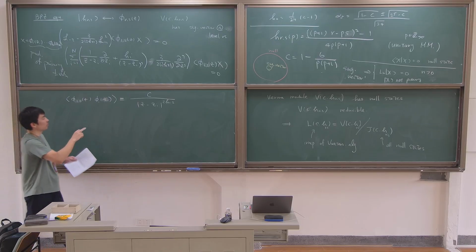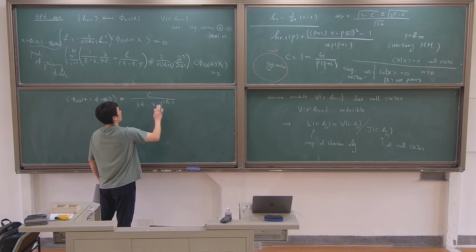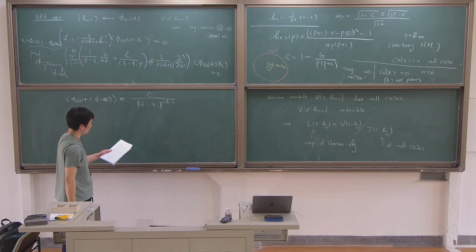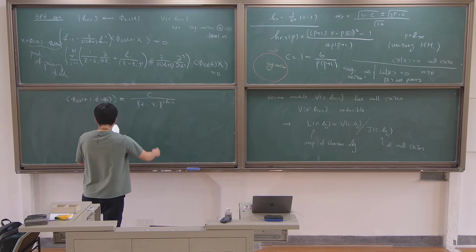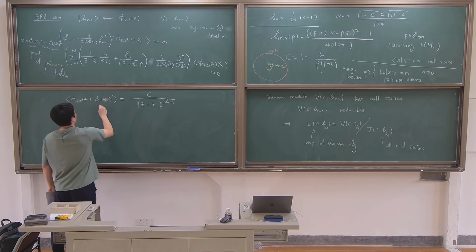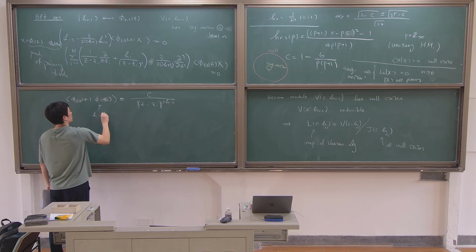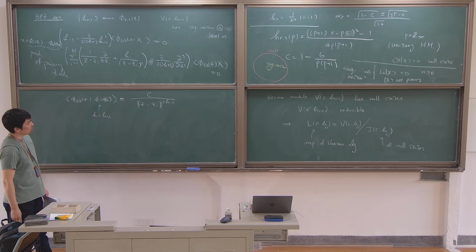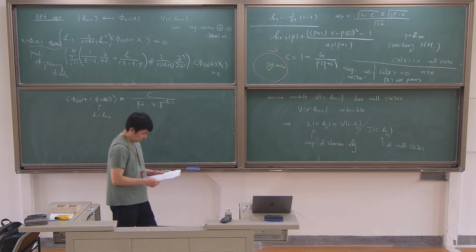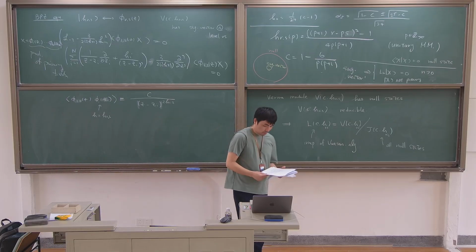And here we are only doing the holomorphic one, so this should be okay. Then the conformal dimension should be h_1. That's a requirement for the two-point function to be non-vanishing.